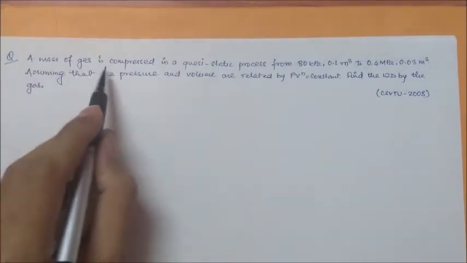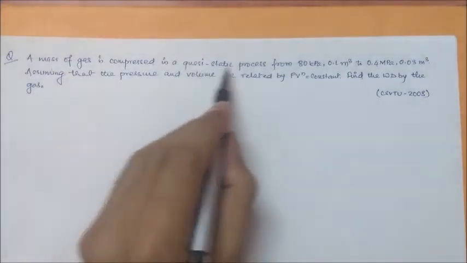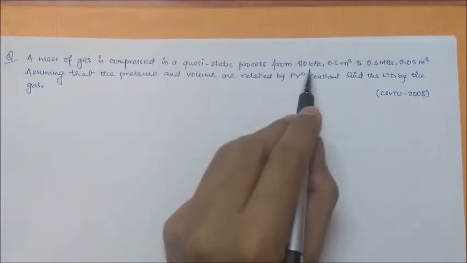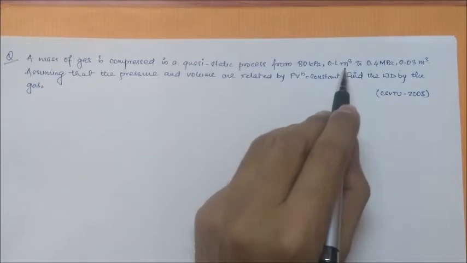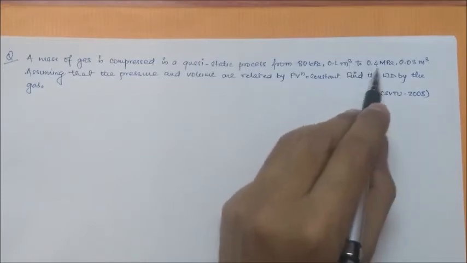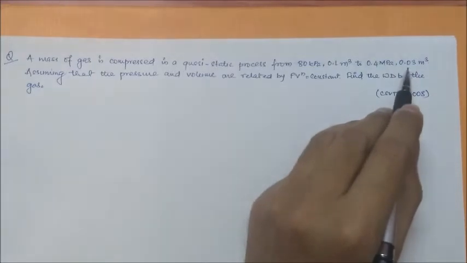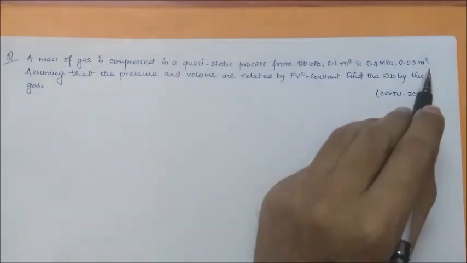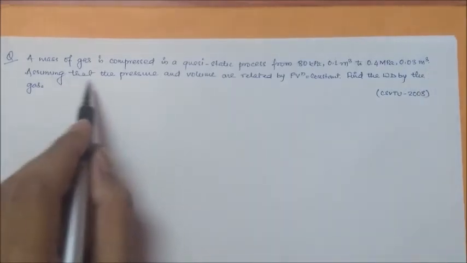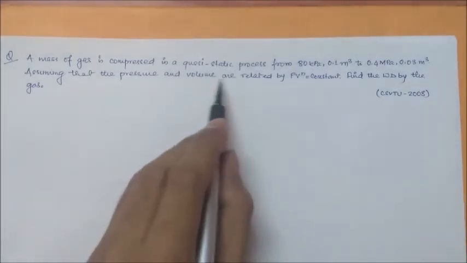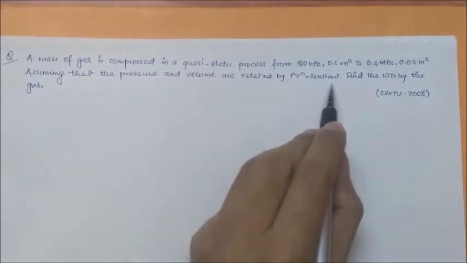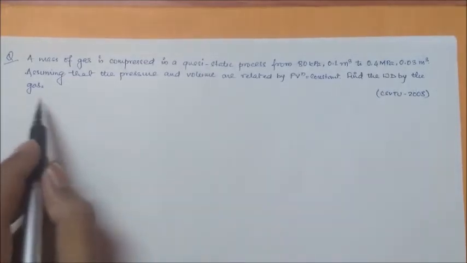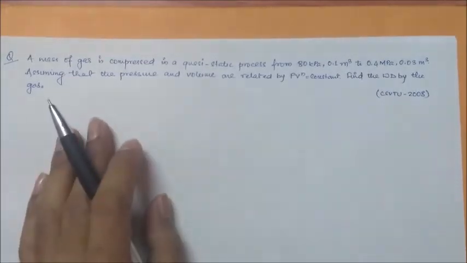A mass of gas is compressed in a quasi-static process from 80 kilopascal and 0.1 meter cube of volume to 0.4 megapascal and 0.03 meter cube of volume. Assuming that the pressure and volume are related by PV to the power n is constant, find the work done by the gas. It's a very simple question being asked.